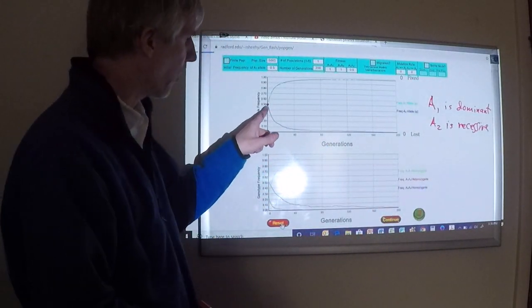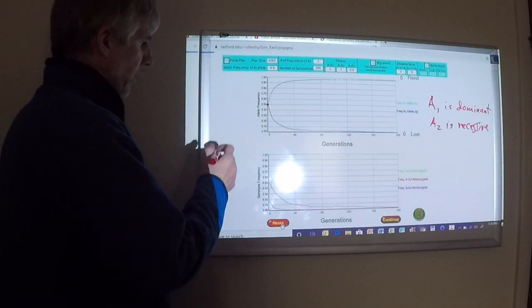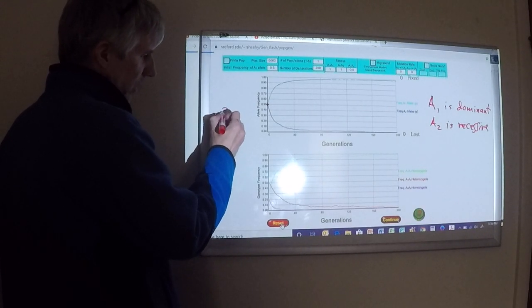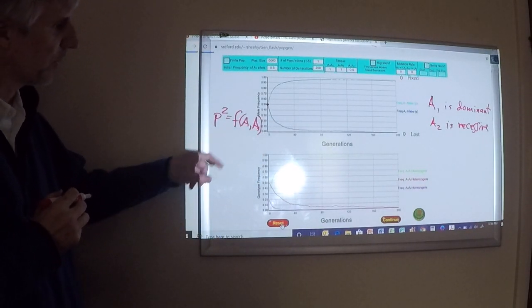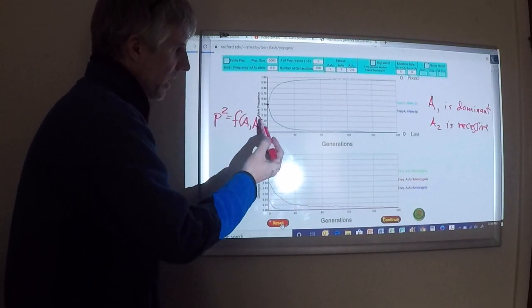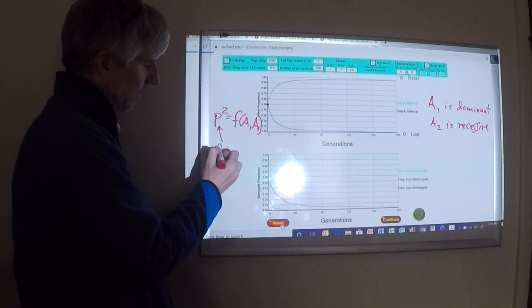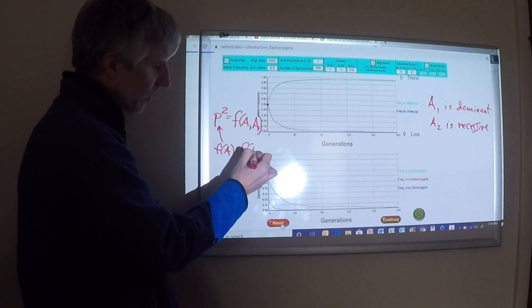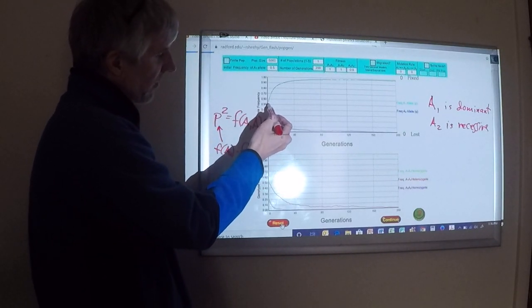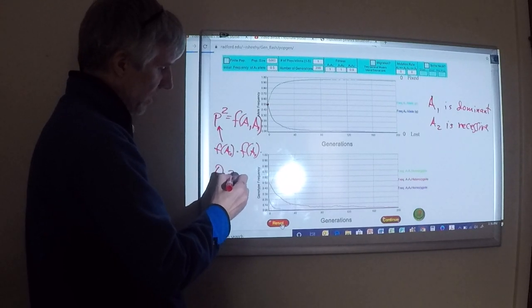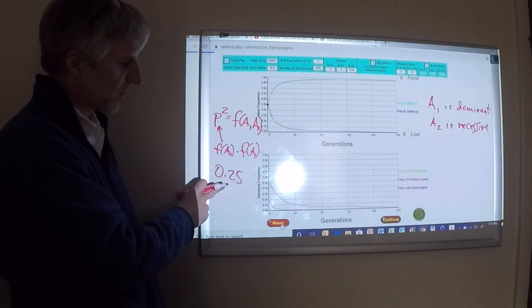So at this point, what are the expected frequencies of the 3 genotypes? Well, the genotype that is the A1 is given by p squared, okay? And the frequency of the A times the frequency of A, so A1. Well, the frequency of A1 here is 50%, so that means that the frequency of the homozygous A1 at this point in time is 25%.